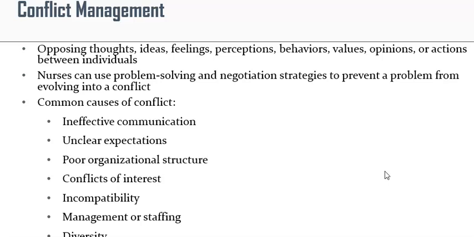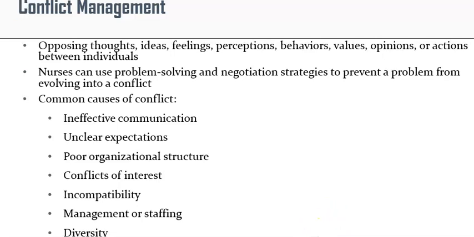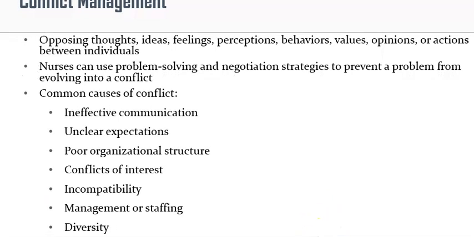Common causes of conflict: ineffective communication, unclear expectations, poor organizational structure, conflicts of interest, incompatibility, management or staffing, and diversity. So conflict is the result of opposing thoughts, just like we said.